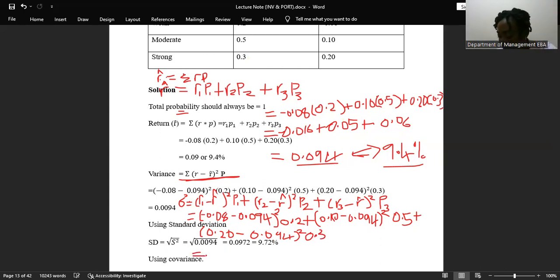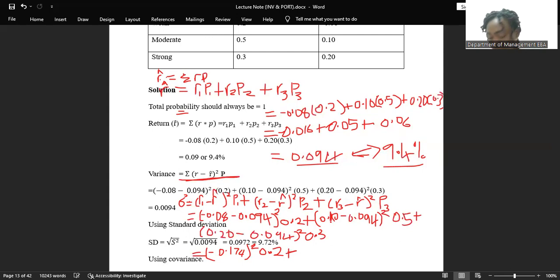Now we move. So that was what? Negative 0.08 minus 0.094. We are getting negative 0.174, okay, squared times the probability 0.2, plus, this is 10, please.